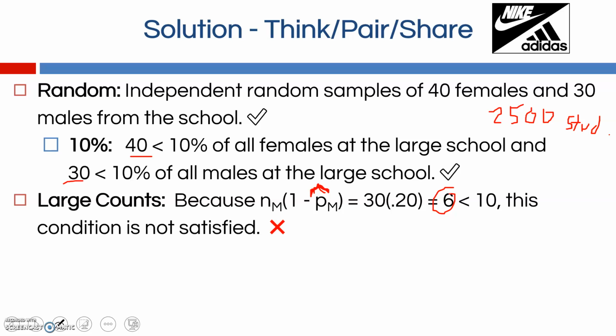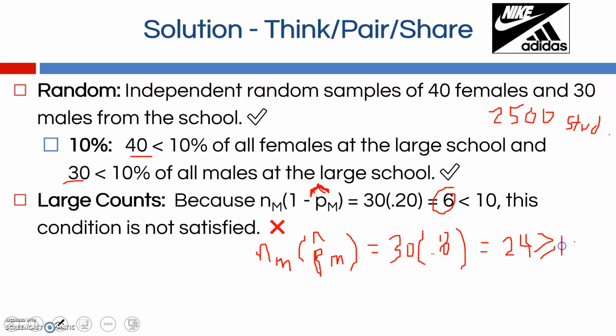Now, if you take n sub m times p hat sub m, you will satisfy the condition, because you will get 24, which is greater than or equal to 10. So although that part of the condition works out, the 1 minus p hat sub m condition does not work out.